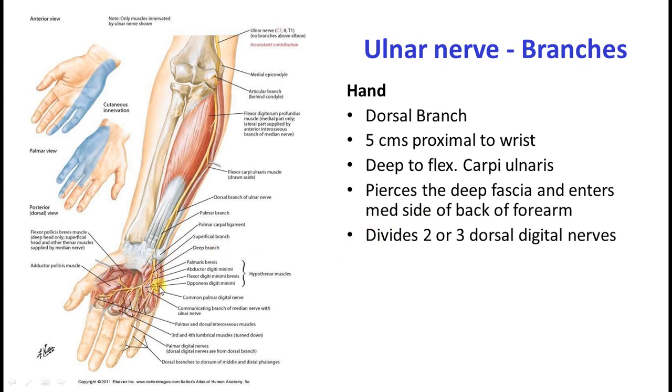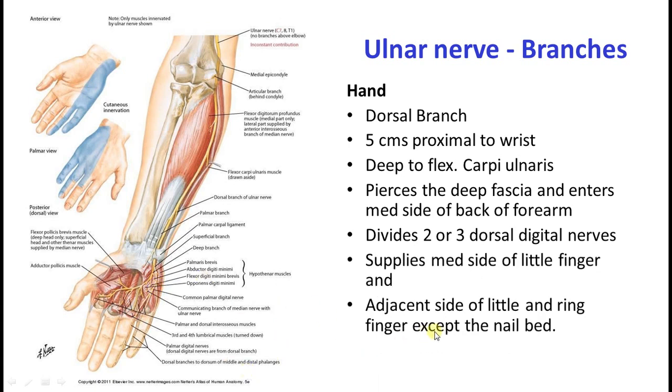Again, in the same manner as we saw on the palmar aspect, one proper digital nerve to the dorsum of the medial side of the little finger and one common digital nerve again dividing to supply the adjacent sides of the ring finger and the little finger, excluding the nail bed. The nail bed, even though it is supplied by the ulnar nerve, is supplied by the palmar digital nerves, not by the dorsal nerve.